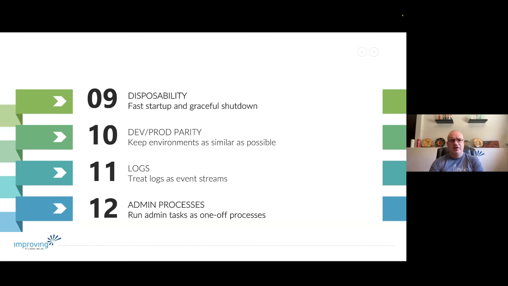So if you hear about this 12th factor, for me, this has not really been one that I've been concerned with in my development experience, but it is one that is part of the 12 factors. So it's definitely something you should look at and see, is it relevant to your application?